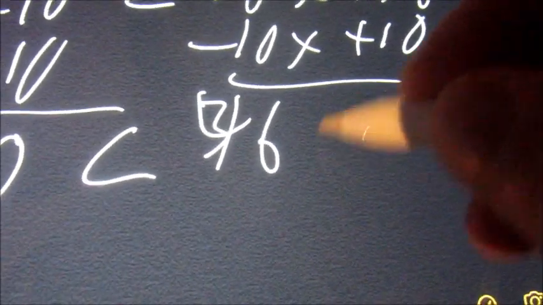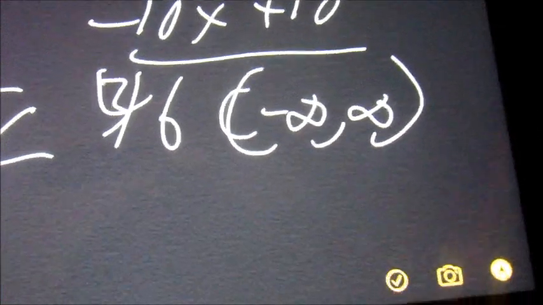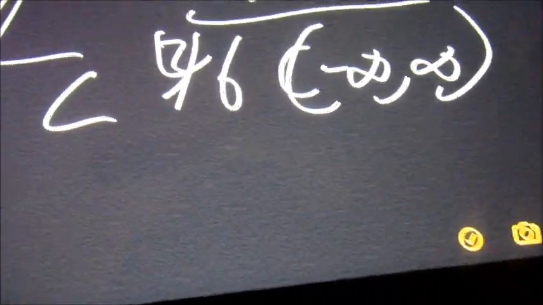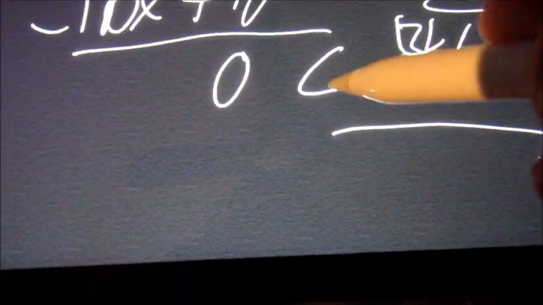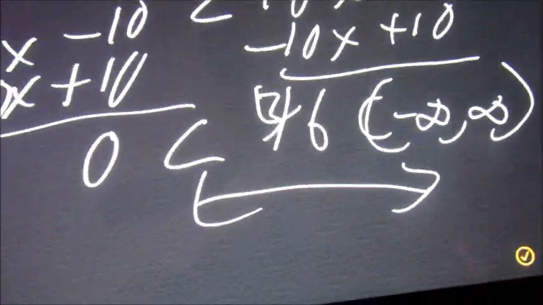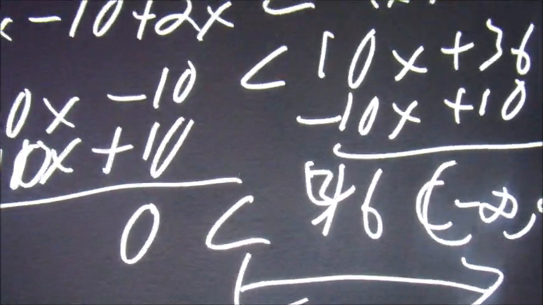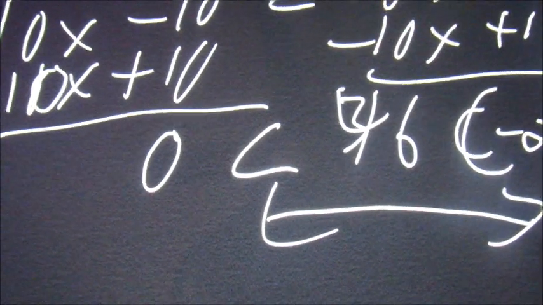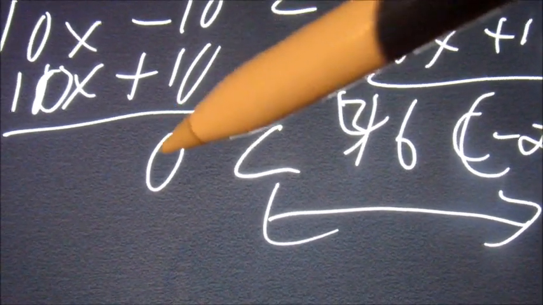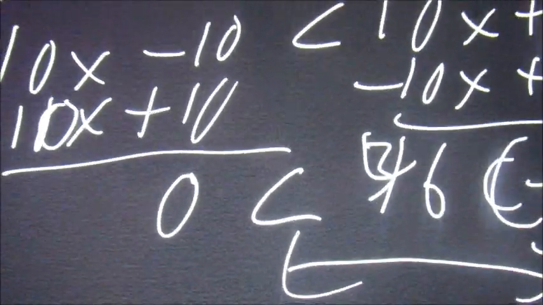So to write this, we'd say negative infinity to infinity. You might say all real numbers, and to graph it, it's just the entire number line. So this one is a little bit different than what we did for equations, because it could be all real numbers. If we get something like 46 is less than 0, then it would be no solution.